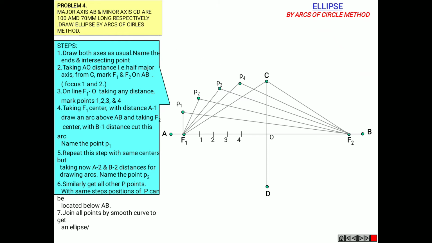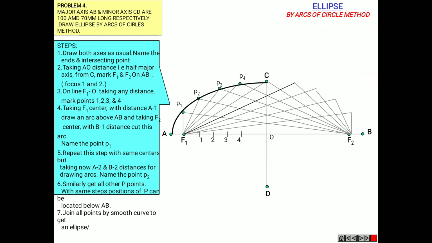Now we got a total of 4 points including the adjacent points of A and C. So join all these points with a smooth curve. So you have got a quarter ellipse in the left top of your figure. So repeat the same procedures towards your right top. So you'll be getting the same 4 points, mark them and join with a smooth curve.